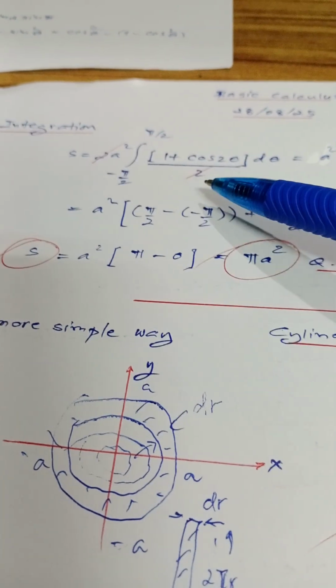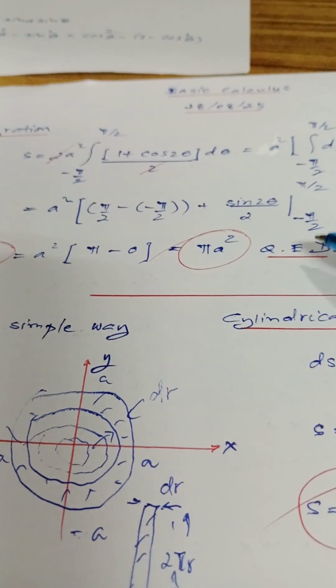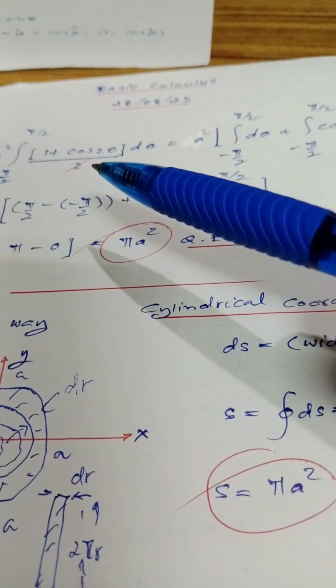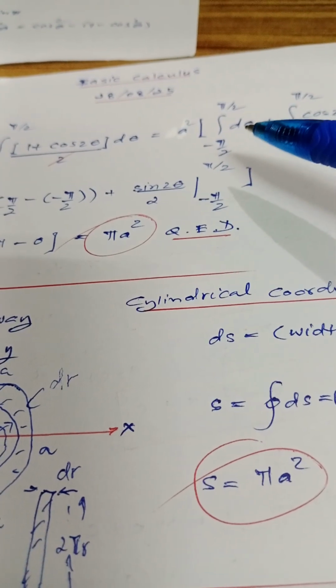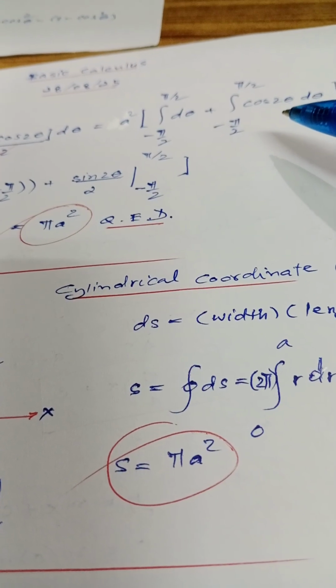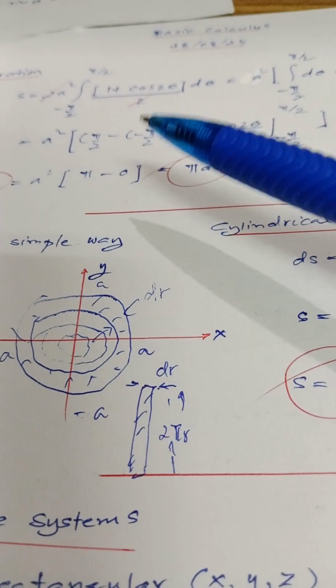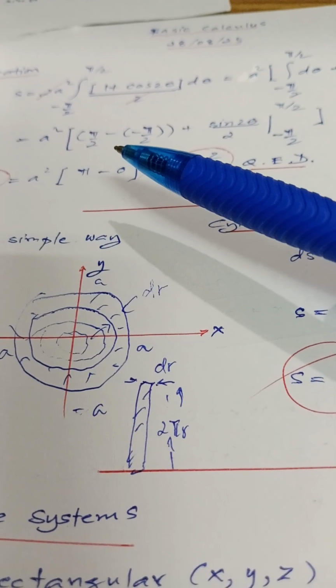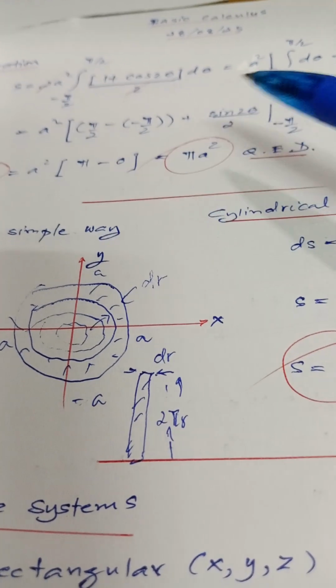And then, the 2 cancels out. You end up with the integration of this term, integrate over d theta plus the integration of cosine 2 theta d theta. So you apply upper limit and lower limit. That's equal to pi over 2 minus negative pi over 2.